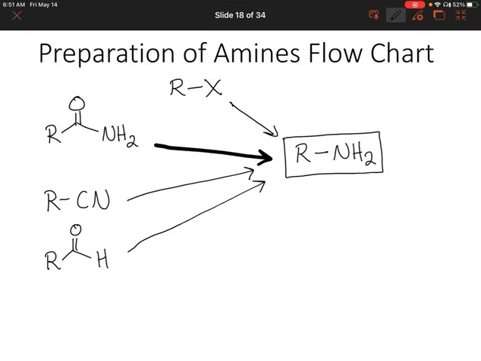Or we could start with that phthalimide, right? Okay, so see if you can figure out the reagents for these different reactions. So pause the video, go back over your notes, fill in the blanks, and when you're done, we'll go over it together.